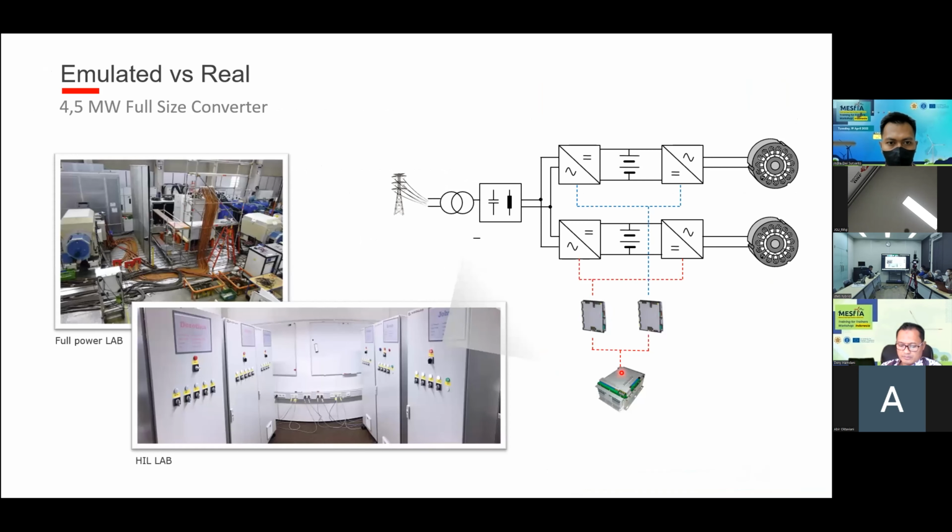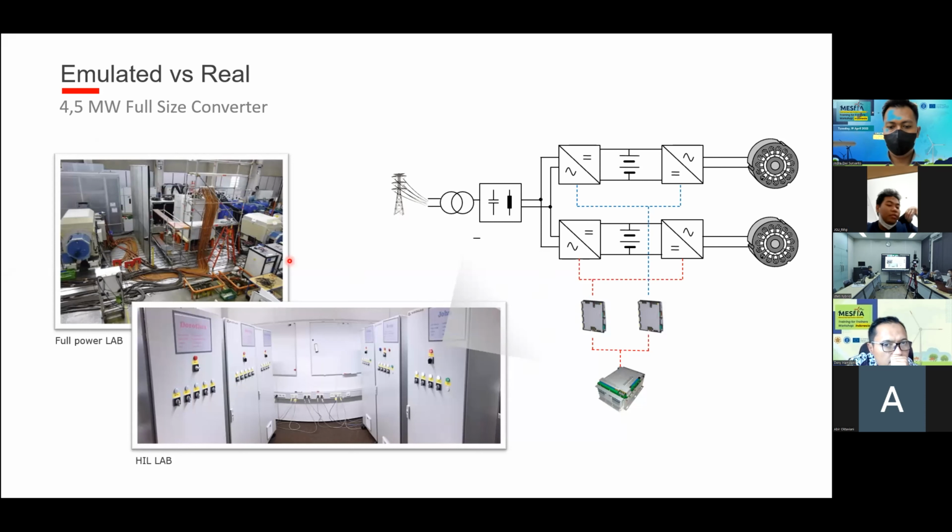So how accurate is Typhoon Hue? This is just a very simple testimonial example. This is a lab in ABB, and they were testing a 4.5 megawatt full-size converter. We converted all of this into digital format and loaded it into the Typhoon Hue.